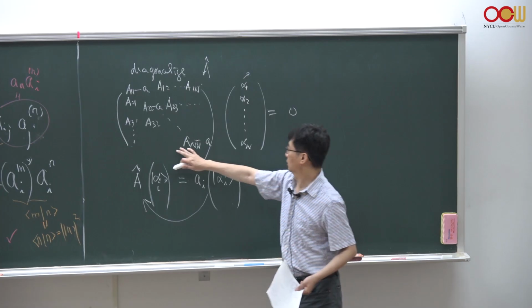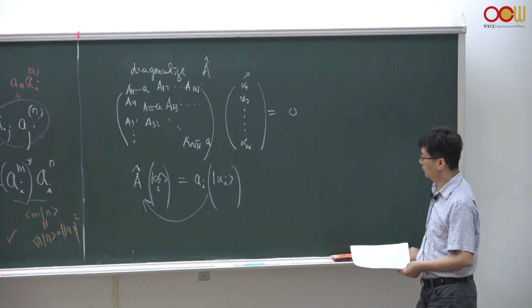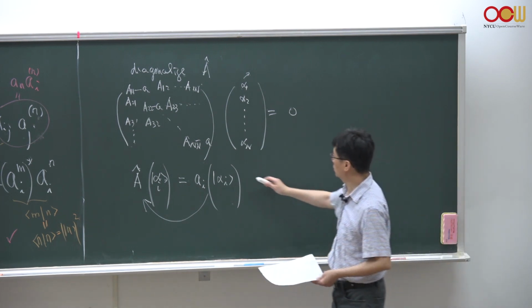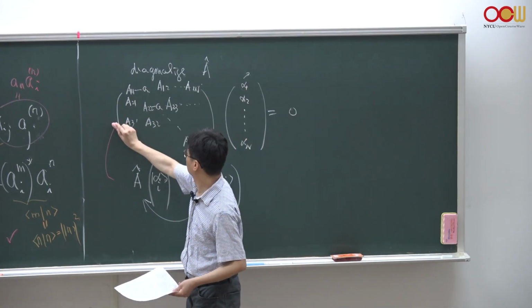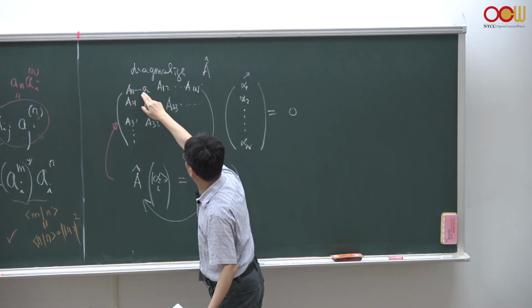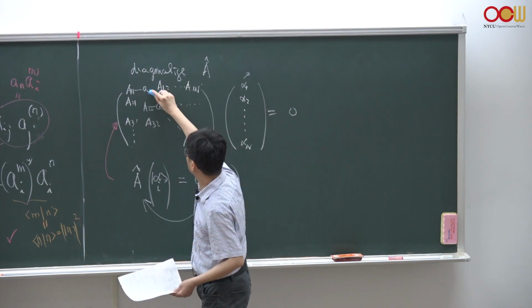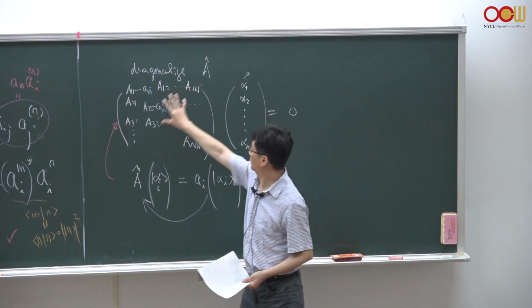This is the matrix where you move your right-hand side of the equation to the left-hand side, and now the eigenvalue equation becomes this matrix equation right here. Along the diagonal elements, you have this minus a, where ai is your eigenvalue, and all the remaining matrix elements are the same.